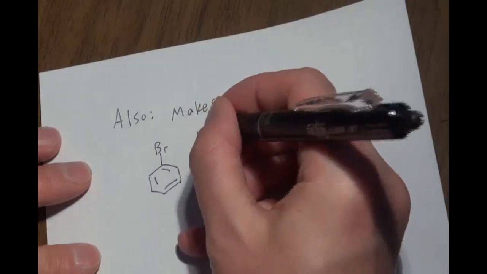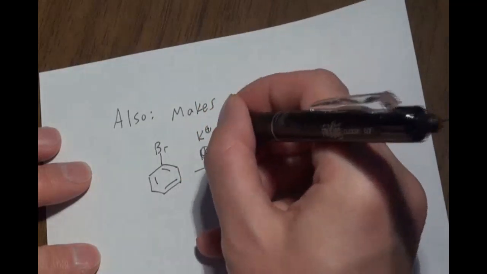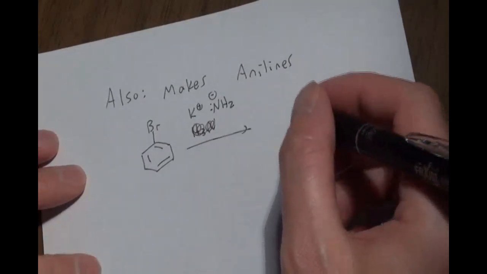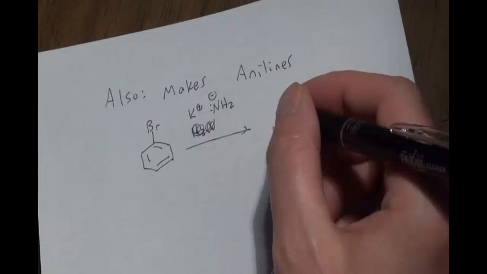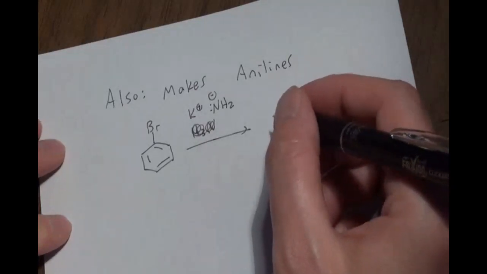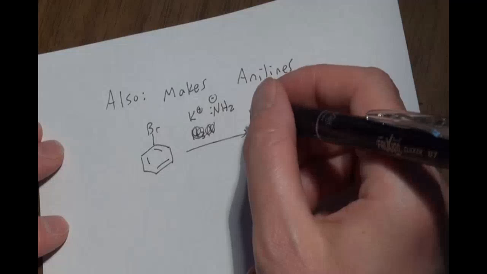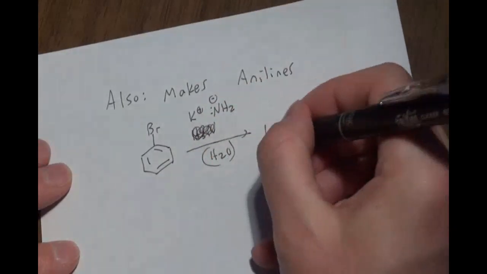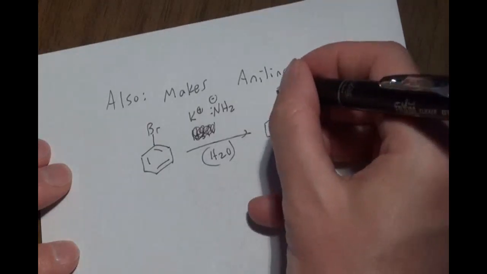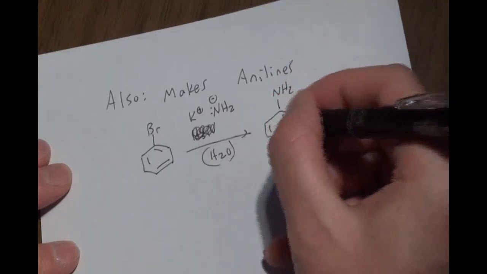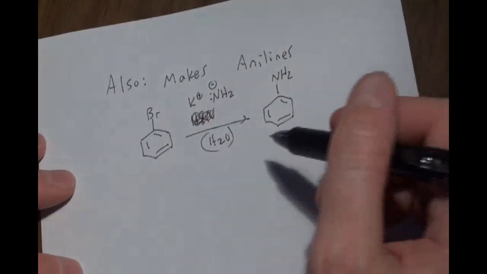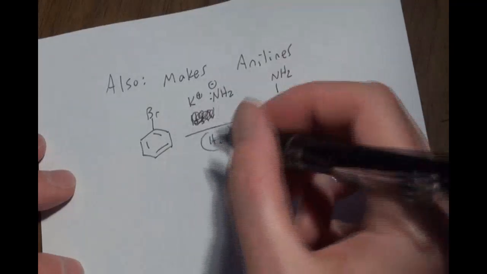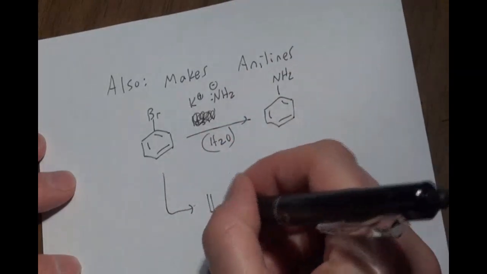Use K plus NH2 minus, potassium amide. I think we need a little bit of water in there also, but it undergoes the same kind of reaction. So base takes the proton, makes a benzyne. I'll just draw that.